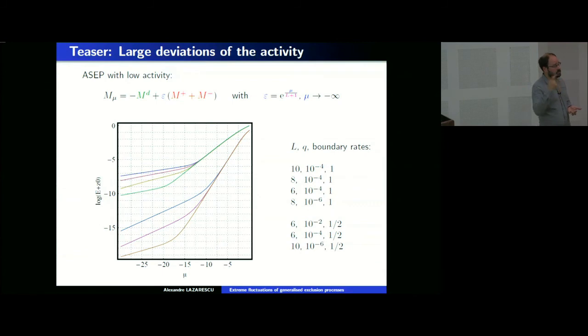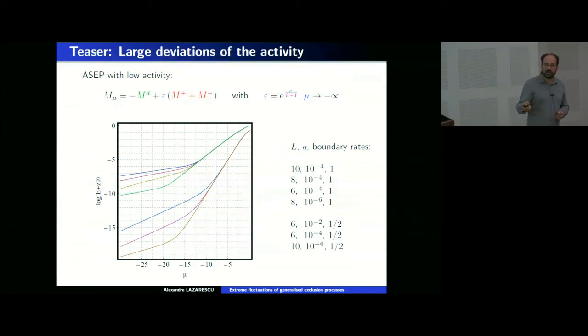That's a regime where particles just go forward because that's the best way to not move. And then for very small activity, the best way to not move is to actually not move and just jump back and forth by one step at a time. And in that case, everything depends on q. Everything depends on the size of the system, and the position of the transition depends on q.